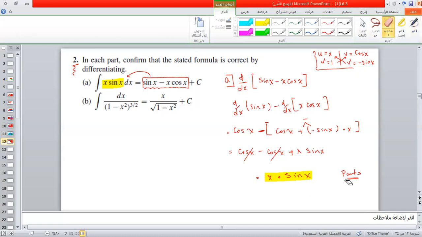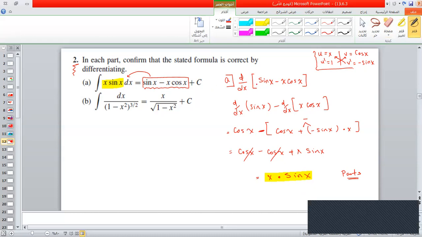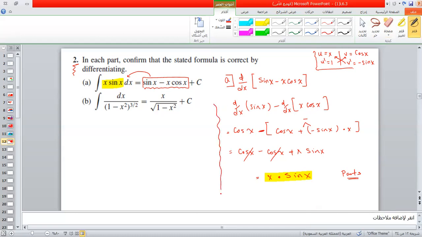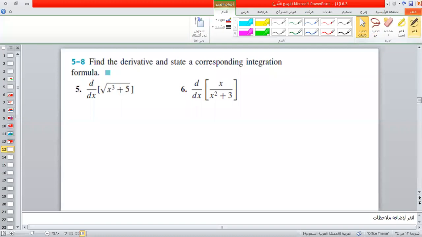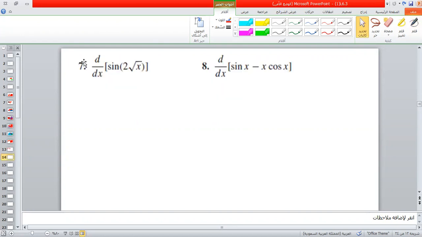If we integrate x sine x, it's going to give us sine x minus x cosine x. This is for letter A. Letter B is going to be homework. Try to do it on your own. And also numbers 5, 6, 7, and 8 are homework.